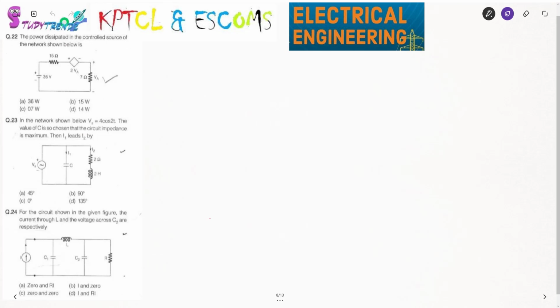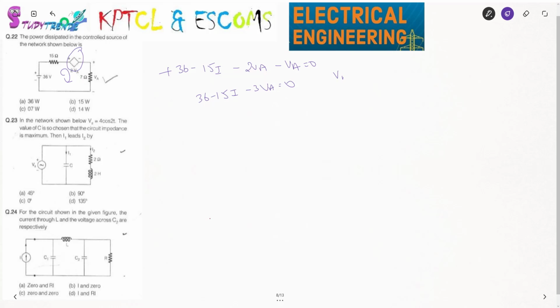Let's see. The power dissipated in a controlled source means they are asking power dissipated by 2VA. So how to do this? Let's apply the KVL like this. So plus 36 minus 5I minus 2VA minus VA is equal to 0. 36 minus 5I minus 3VA is equal to 0, right?